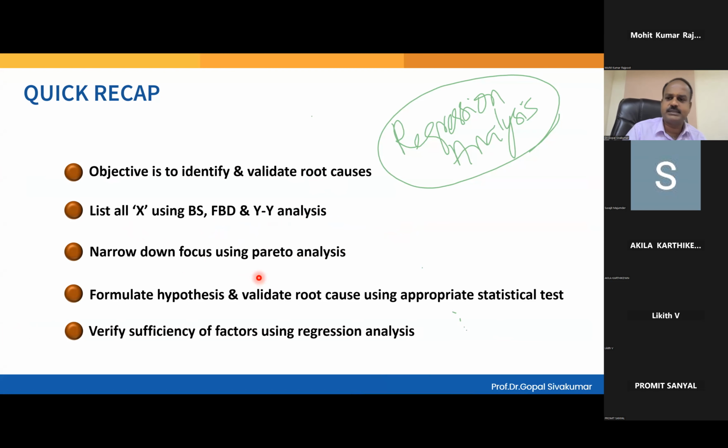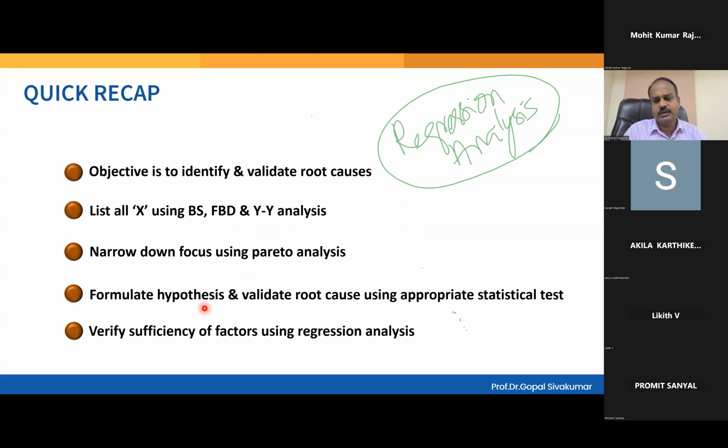Either you go for a Pareto analysis, or an impact control matrix, or a cause and effect matrix, some logical way of prioritization. Once you do that, then you formulate hypothesis, experimental validation, and validate the root cause.